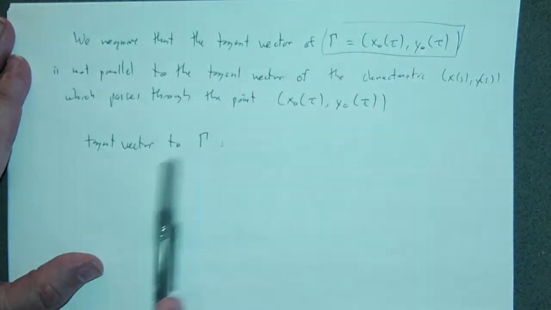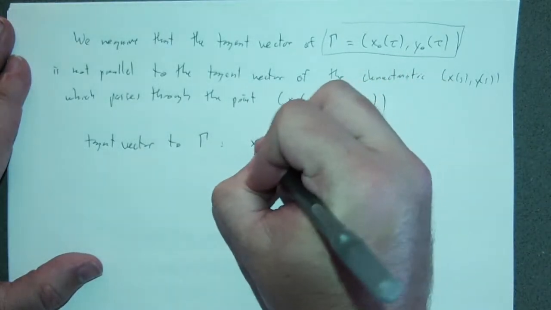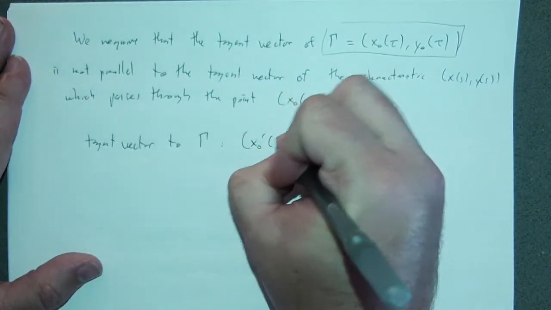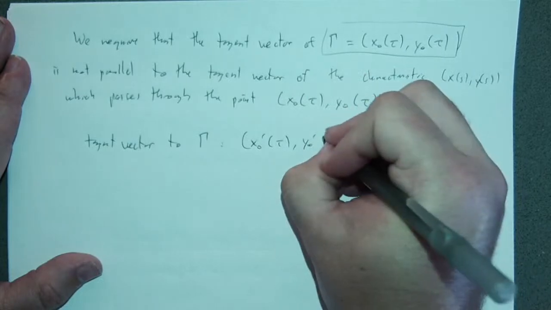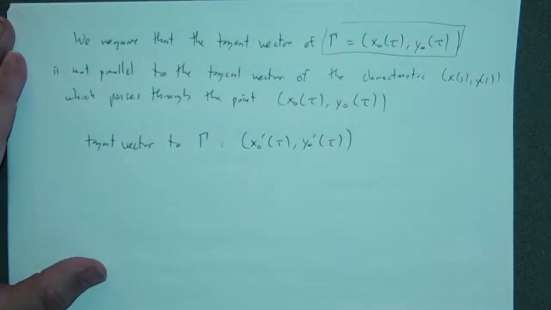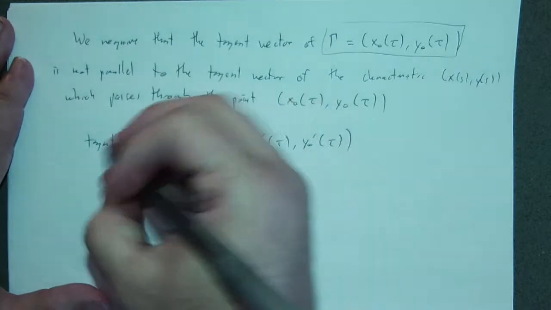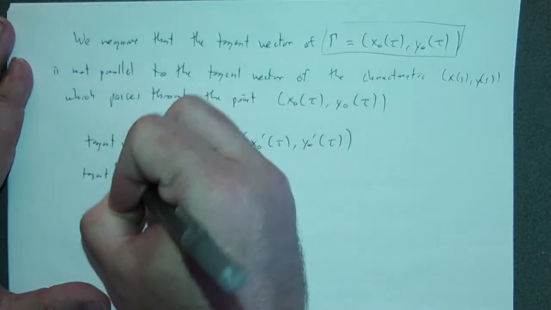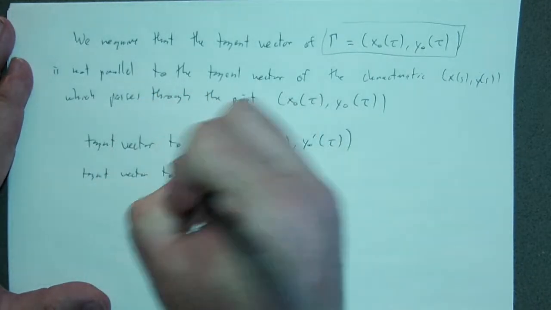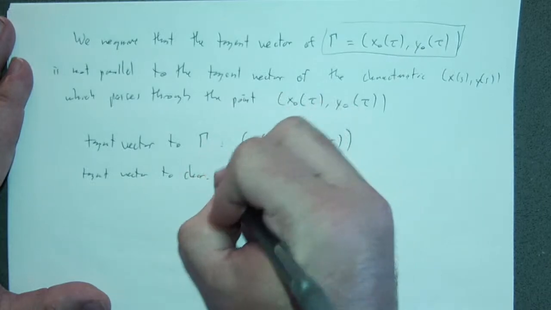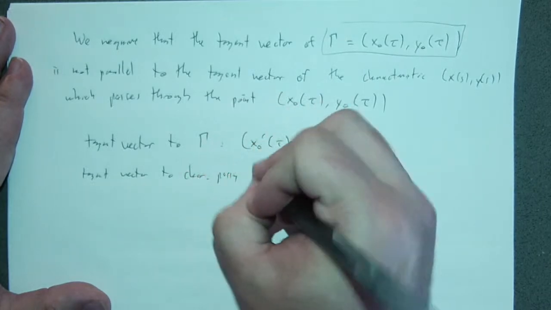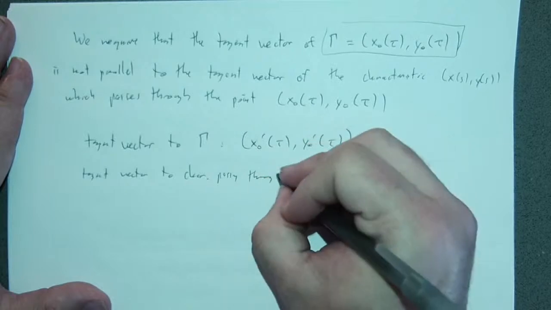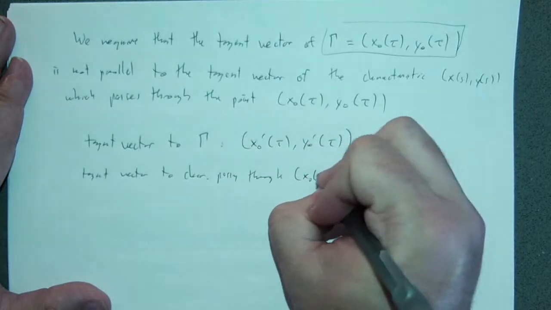So the tangent vector to gamma is x naught prime tau, y naught prime tau. Right? What's the tangent vector to the characteristic passing through the point x naught tau, y naught tau?